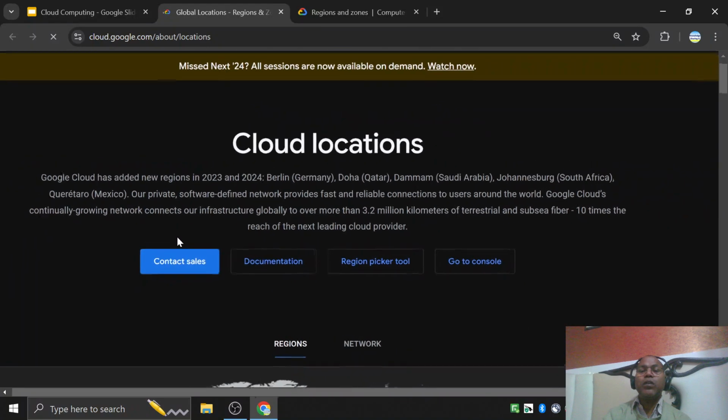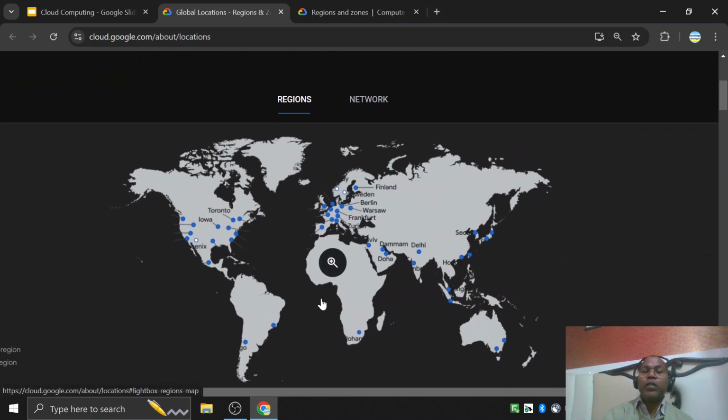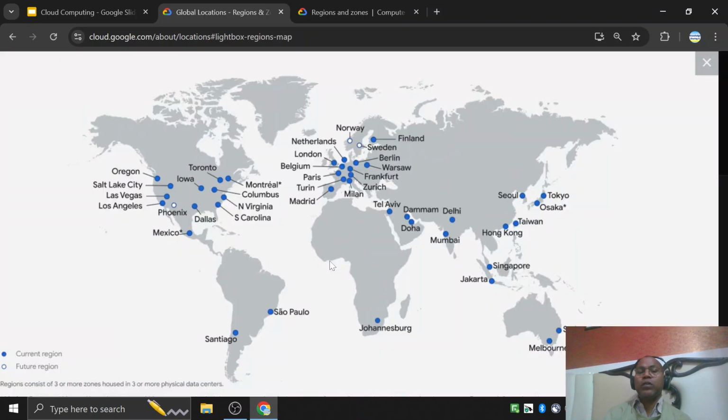Google is continuously focusing on improving its global network infrastructure. Initially we looked at this world map where Google demonstrates the areas where regions are currently supported.